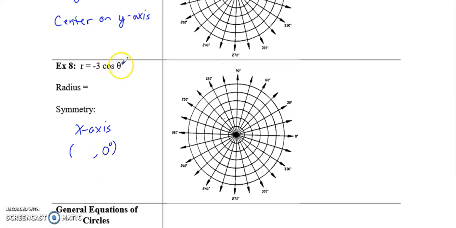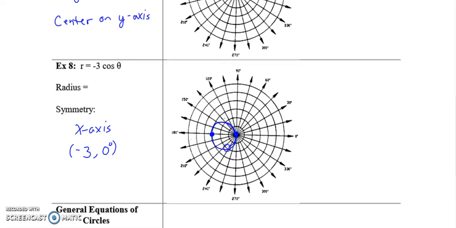Cosine of 0 is 1, so -3 times 1. And then, of course, the origin. Now you might say, wait a minute, why the origin? Well, think about what happens when the angle is at 90 or 270. Cosine is 0, so r is 0. So we have this circle here.